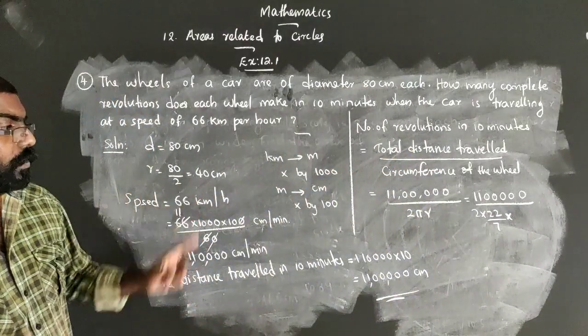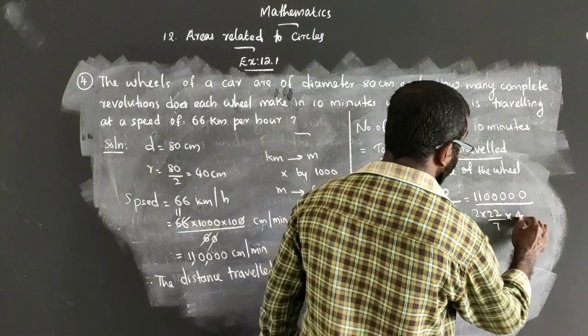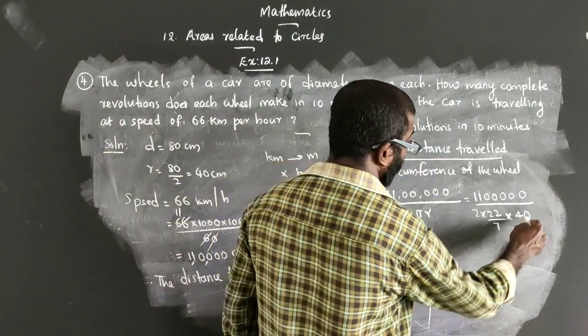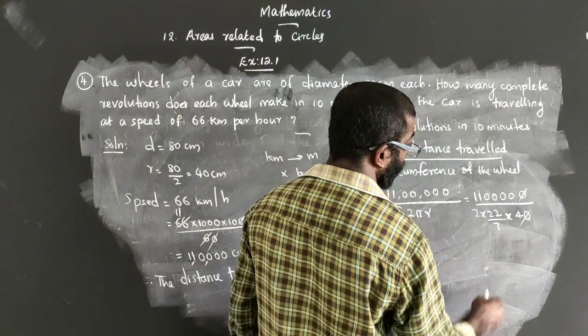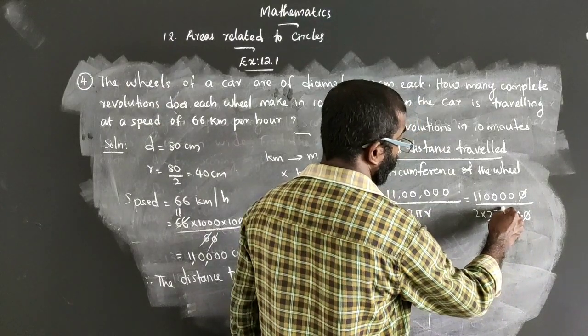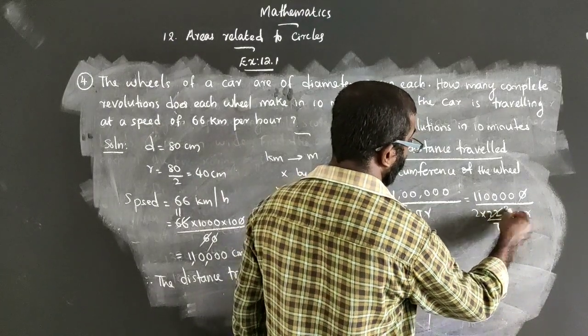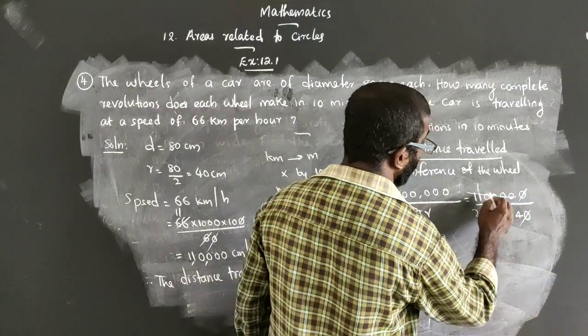Here the radius is 40. Now we can cancel. Here on 0 and 0. Then 22, 2 11s are 22. Here 1. Then 4 zeros.